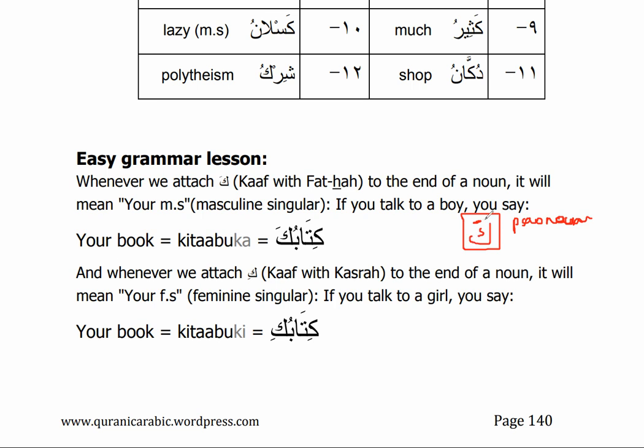When it comes with fatha, always it comes with fatha always. That means this is the pronoun in Arabic and it means you. Kaf with fatha means you for male.